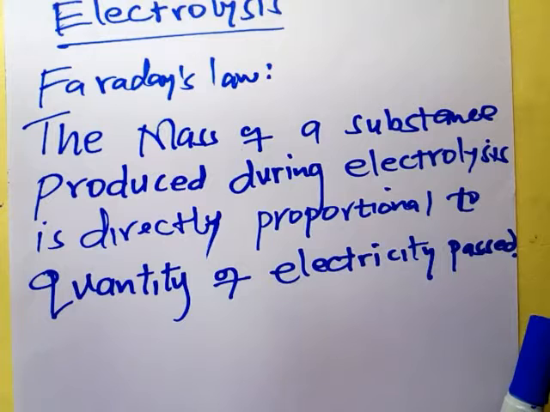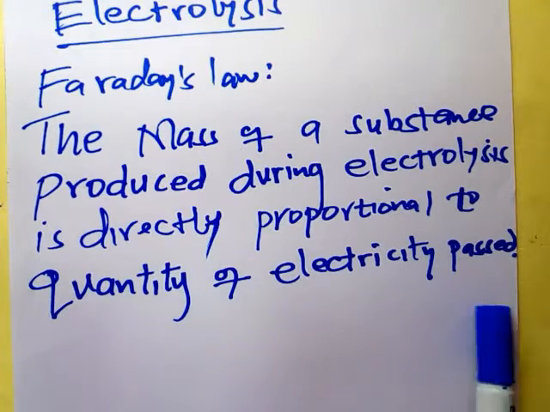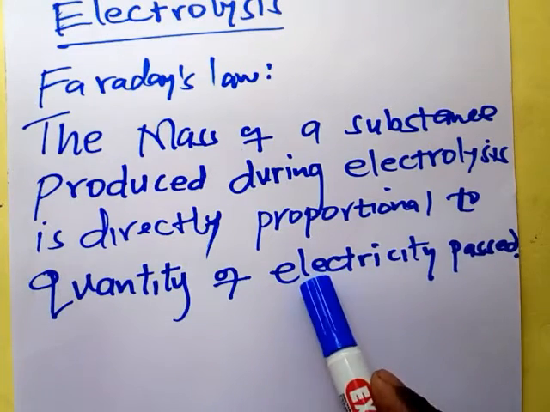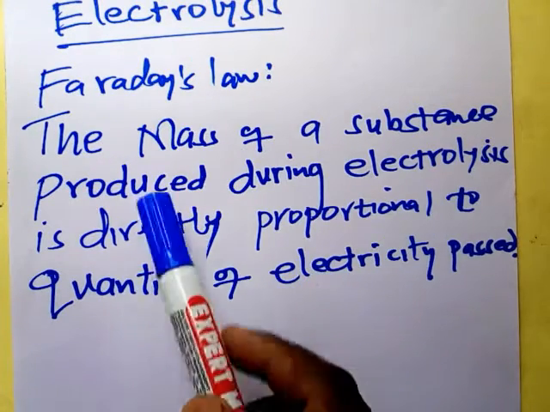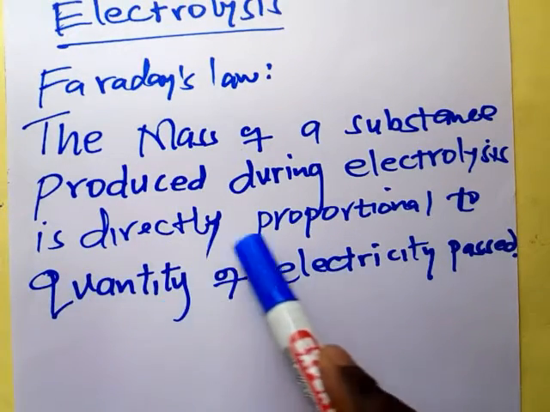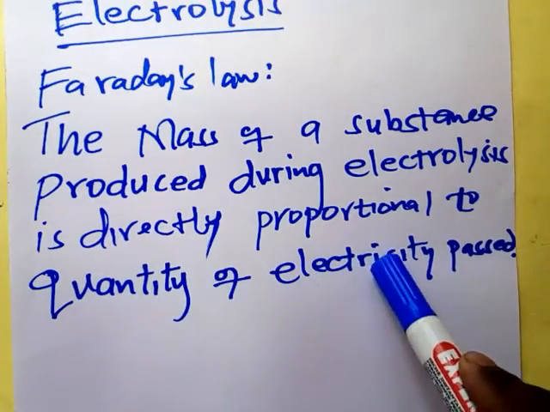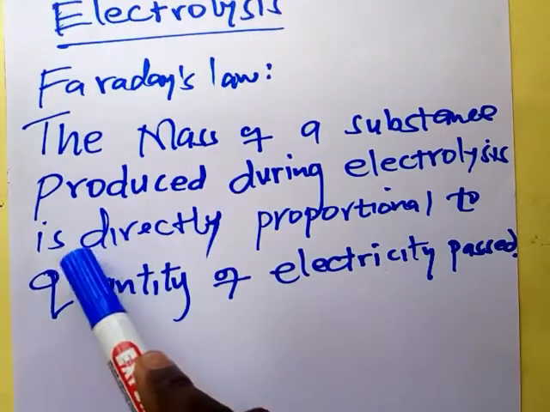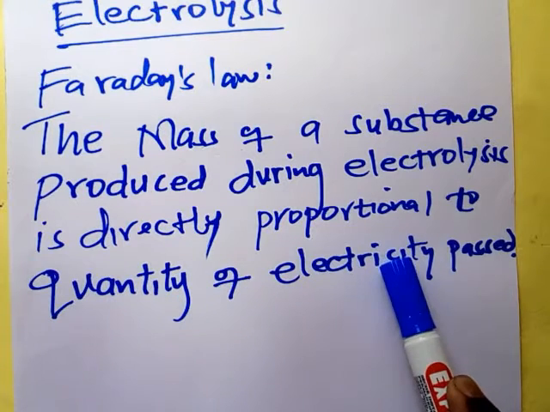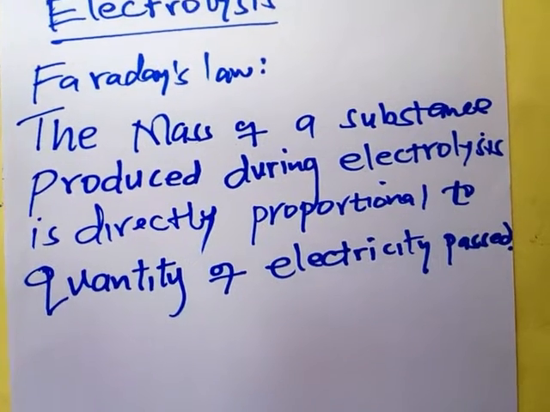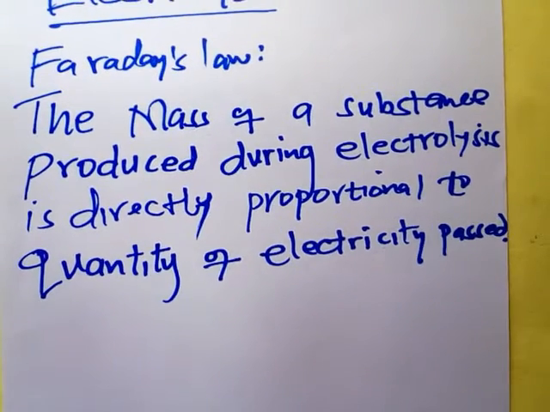It means the mass that is going to be produced will depend on the quantity of electricity that is passed through the system being electrolyzed. So it is directly proportional.